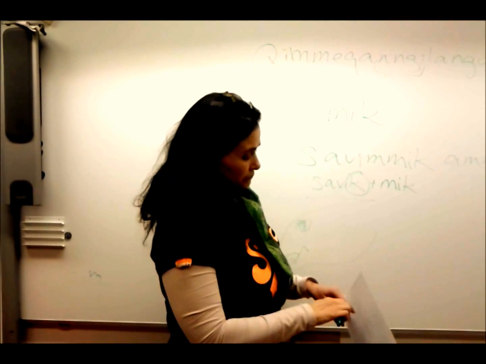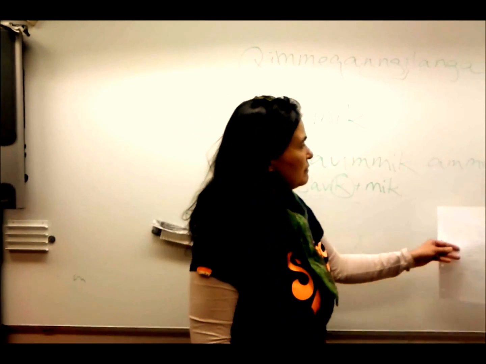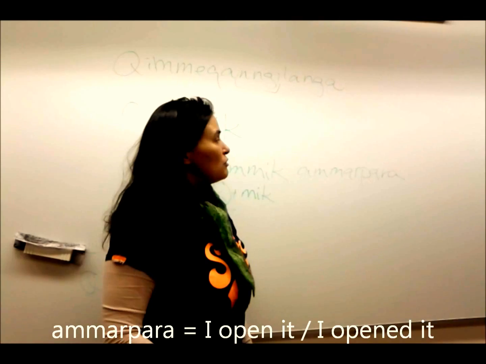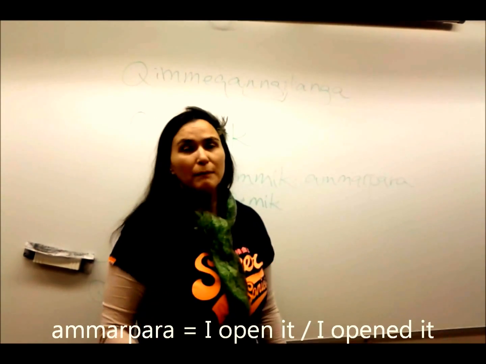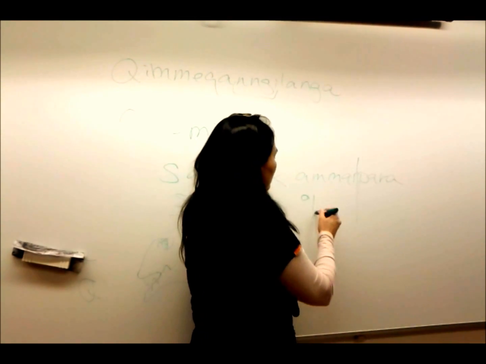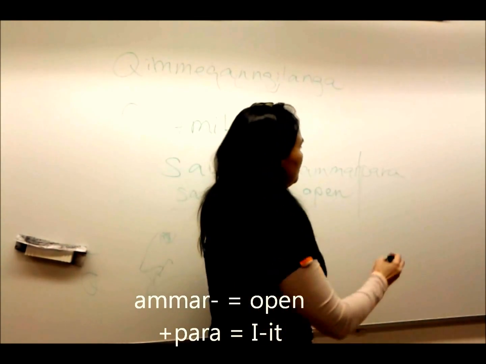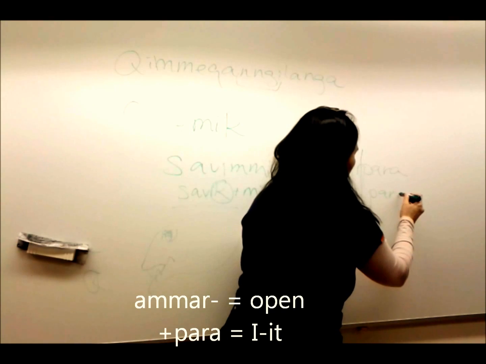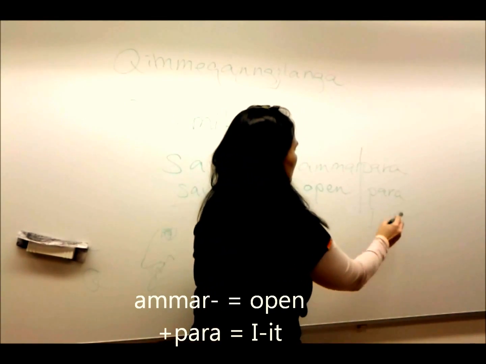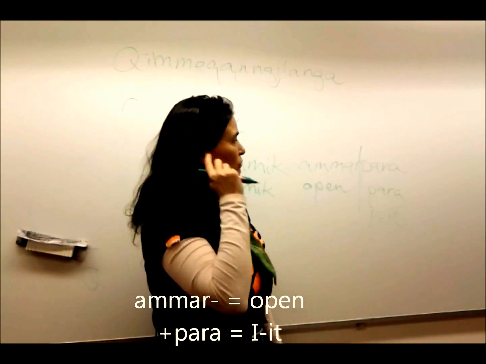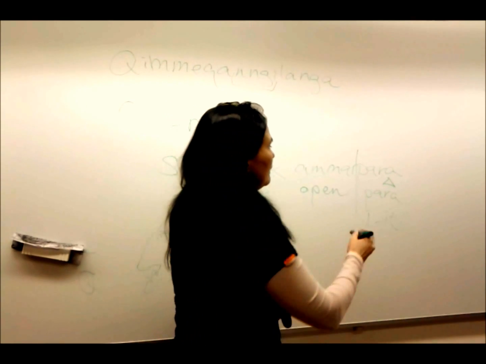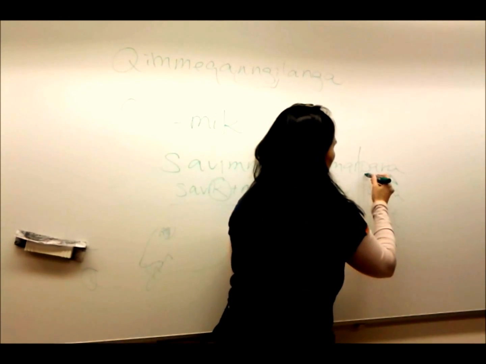This sentence ammarpara is something a little bit special about Greenlandic too, because we have amma, which means to open, and then -para means I, it, open. And so you see that we have the object here in the ending and the subject here.